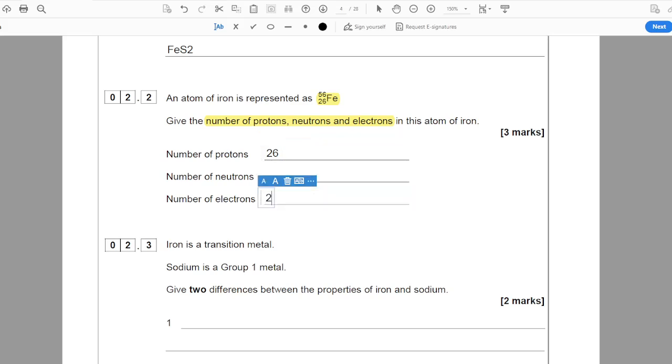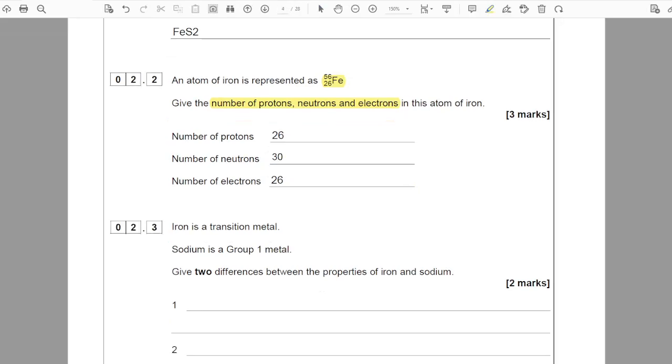This must mean the number of electrons is 26 as well, because they have to cancel out the positive and negative charges. The number of neutrons must be 30, because 30 plus 26 is equal to your relative mass number of 56. Remember that electrons have almost no mass at all. Therefore, you're going to completely ignore electrons when working out the neutron number.